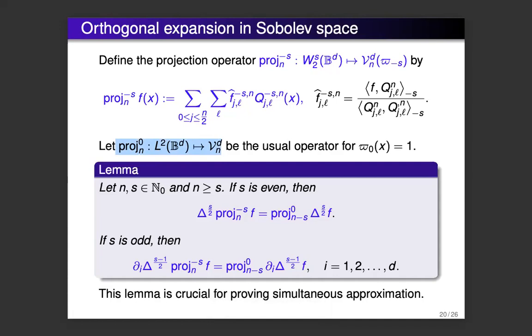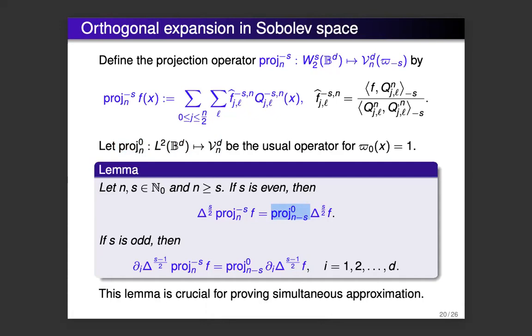Then the amazing part is your Laplace operator exchanges with this new projection inside. It's like in one dimension you have Sobolev, you take a derivative, and then it becomes the classical case. This is the same thing: you take negative s, you take a derivative, and you are back to classical orthogonal polynomials. So this is the key.